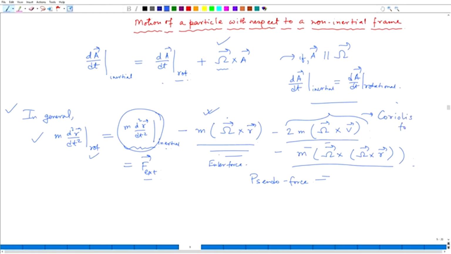As I said, this term is perpendicular to both omega and v, and that is why this is a no-work force, and this force is non-zero only when the particle whose dynamics is being studied has a non-zero velocity in the non-inertial frame of reference.